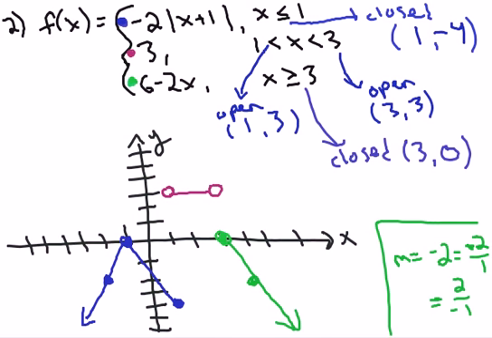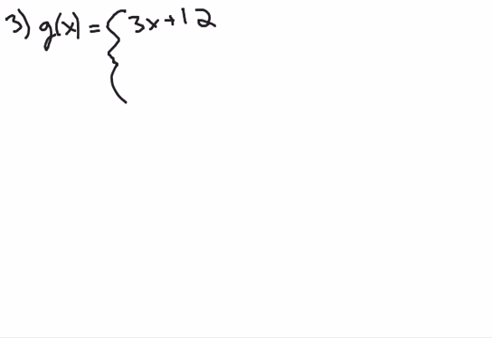Okay, so let's continue with a third one here. We're going to get through 4 of them by the end. The third one we're going to call g of x, and we're going to say that it is made up of this linear function, the simplest of absolute value functions, actually the parent function of absolute value functions, and then another linear function that just has the opposite slope from the first one.